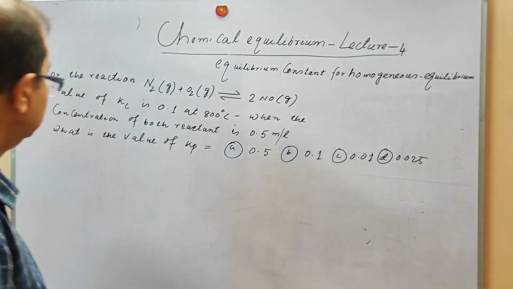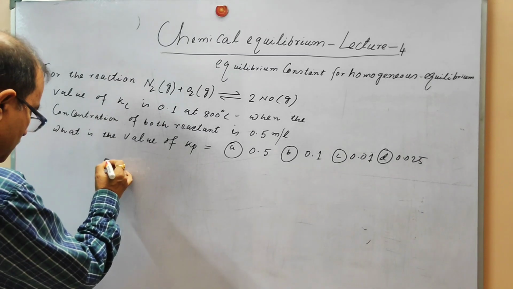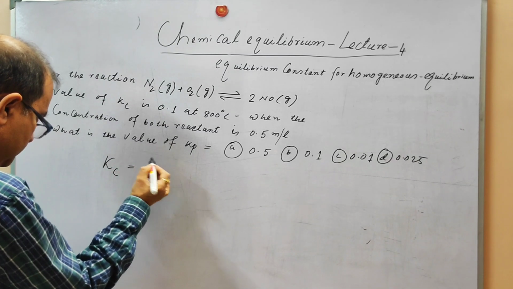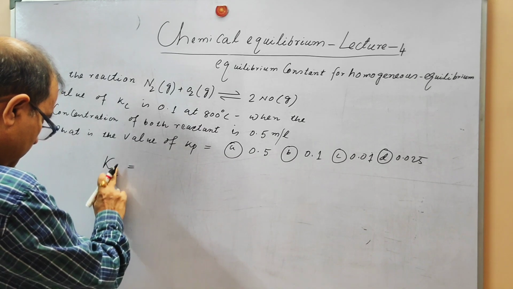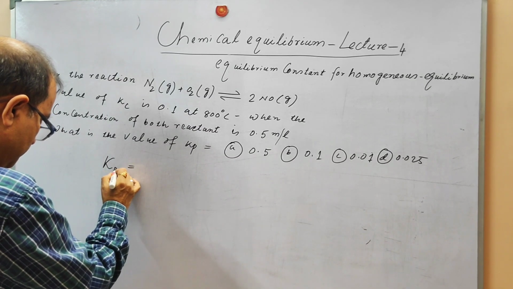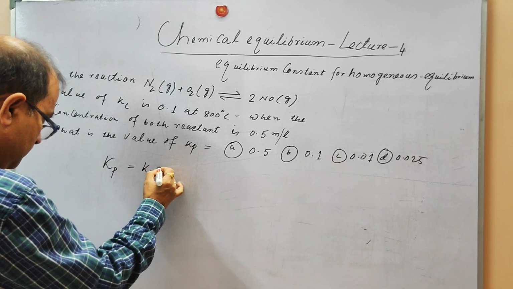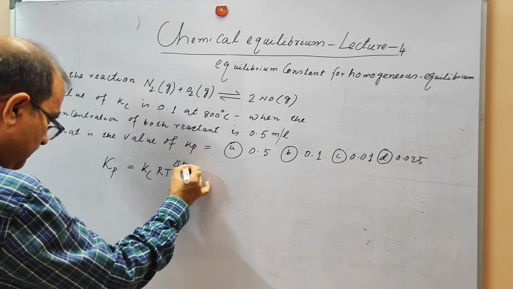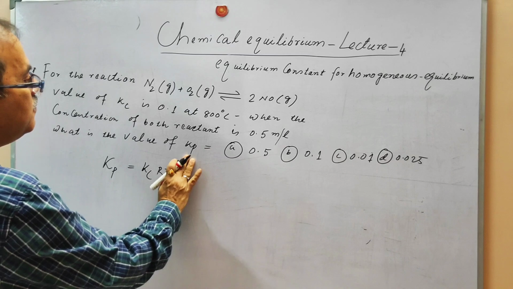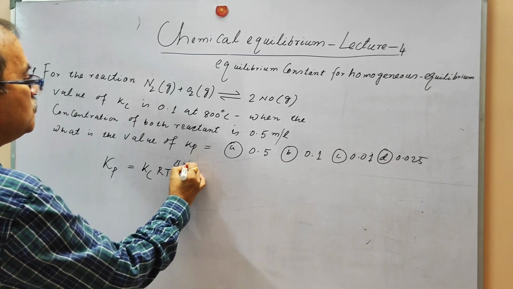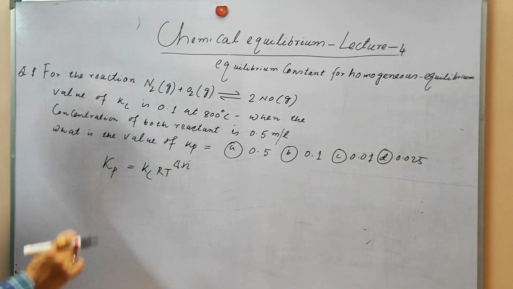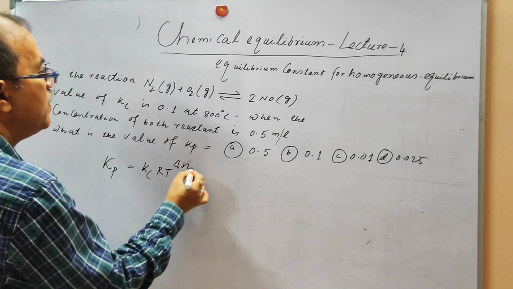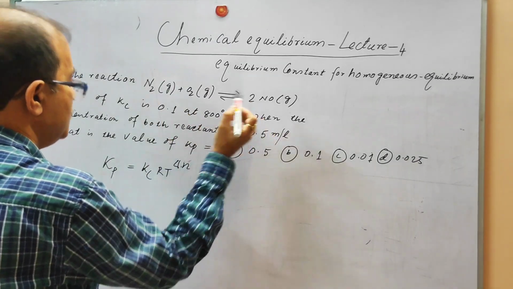For that, we have to remember this relation, that is Kp is equal to Kc into RT to the power del n. You know this Kc, and you have to find out del n from this equation.